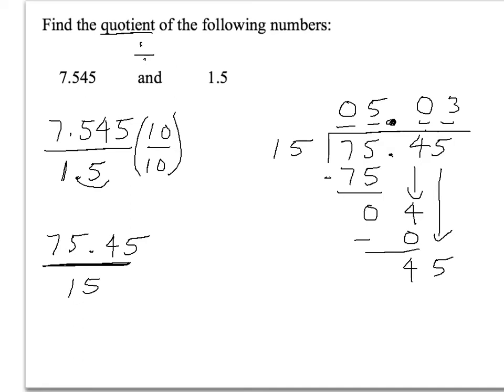Let's try it. 3 times 5 is 15. Carry my 1. 3 times 1 is 3, plus 1 is 4. Subtract this off. 45 minus 45 is 0. So, my friends, we are done. Our answer is, and the decimal is in the correct spot, which is good, 5.03.